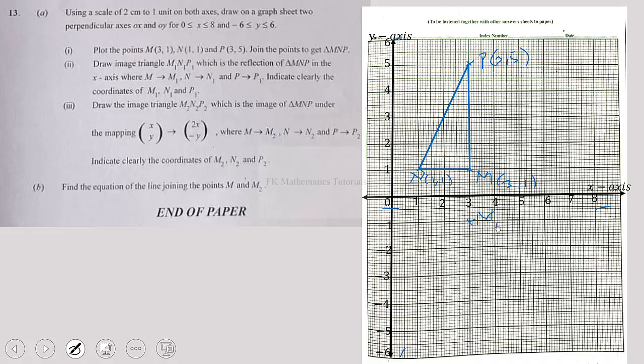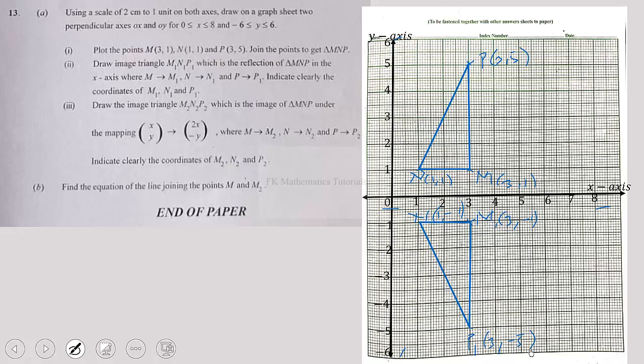So M1 is 3, -1. Then N1 will be 1, -1, and P1 will be 3, -5. So we can join this one too to form this.